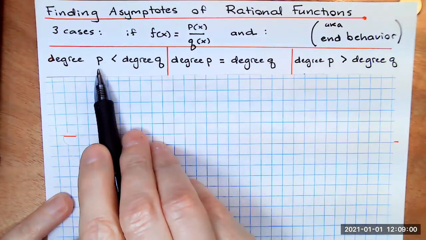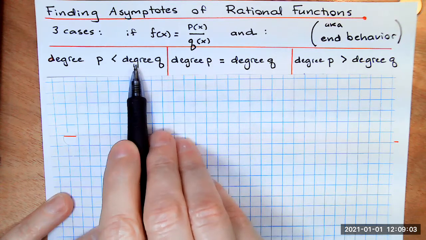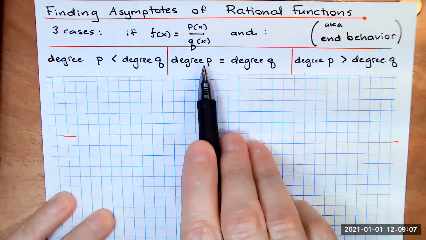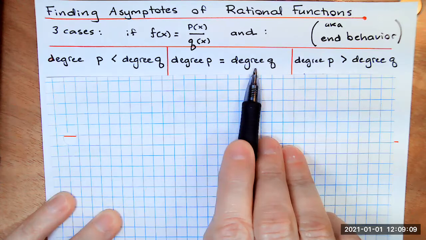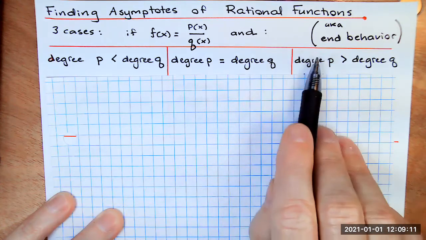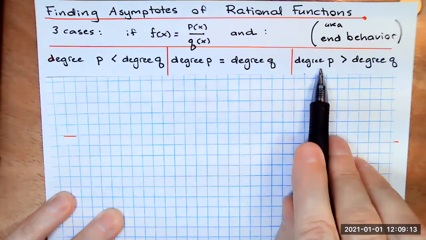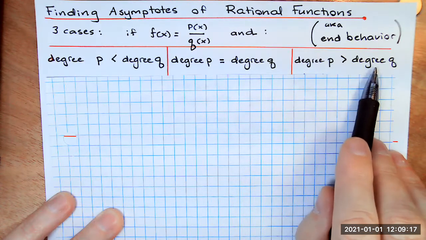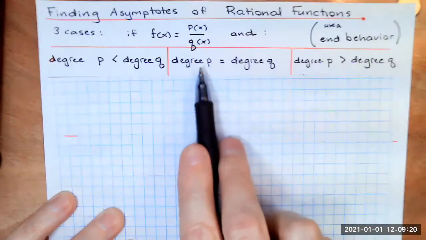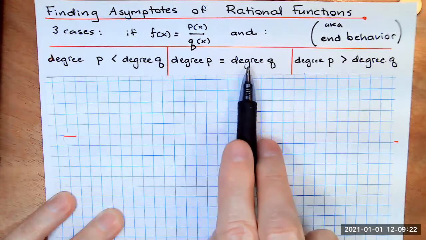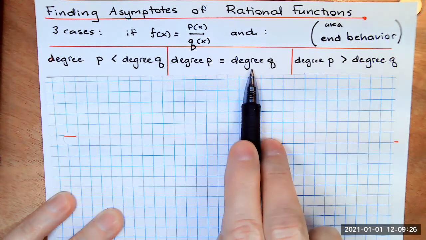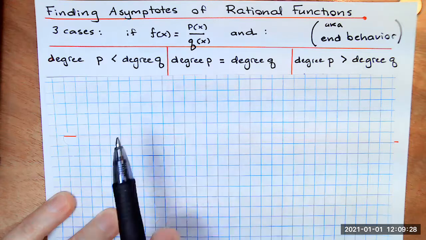If the degree of the numerator is smaller, there's one possibility. If the degree of the numerator is equal to the degree of the denominator, that's another case. And if the degree of the numerator is bigger than the degree of the denominator, that's a third case. So the previous 2 examples we looked at, the degree of the numerator was equal to the degree of the denominator.